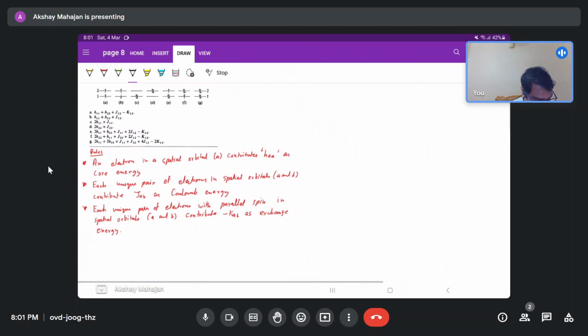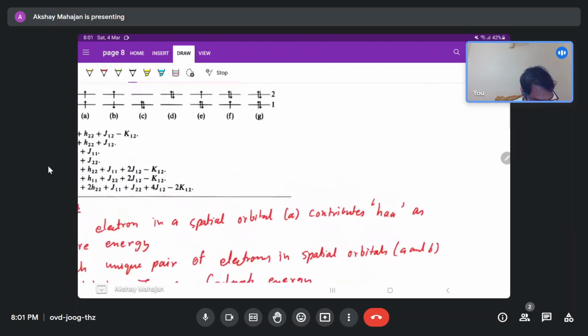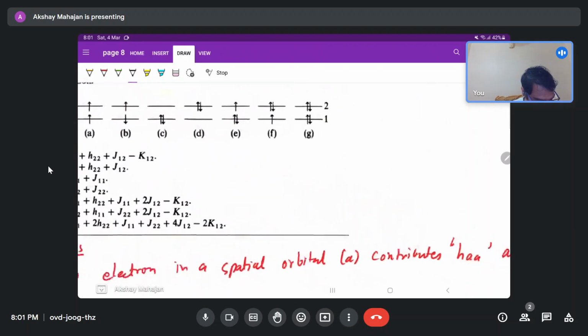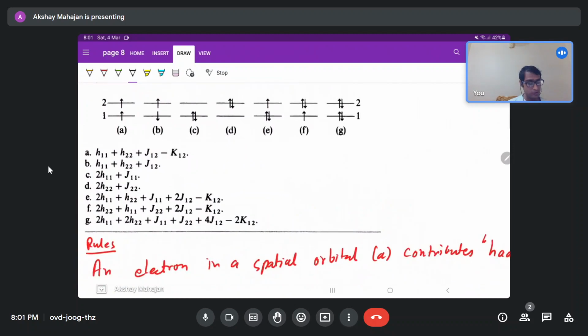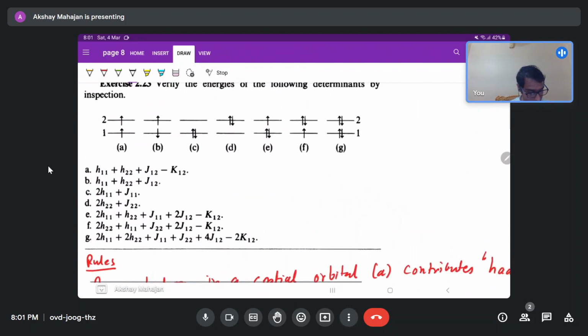Some problems are similar to the problems solved in the class itself. So let us see here. Using our rules, we can verify the first part. There is one electron in spatial orbital 1, so it will contribute one core energy H11, and the second electron is in another spatial orbital 2, so it gives another core energy H22.